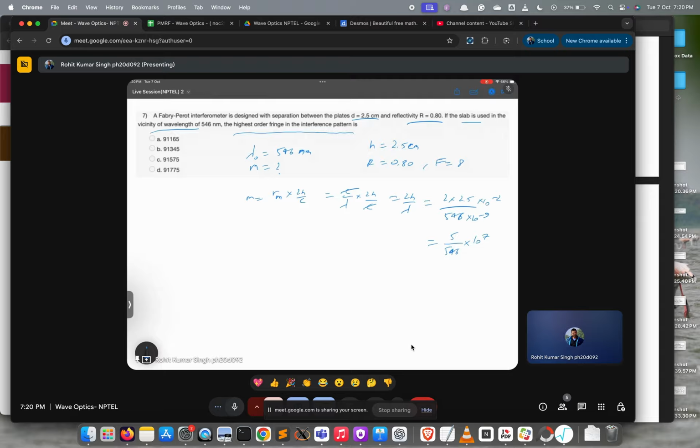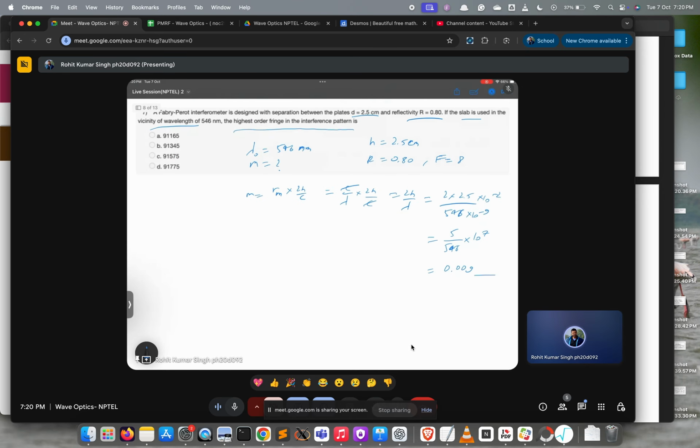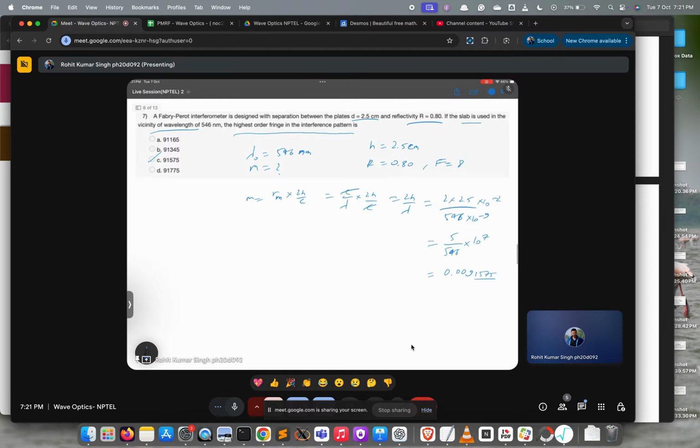What do you get? 0.009, but you need all the numbers because you have to multiply it by 10 to the power 7. What are the numbers after 0.009? 9157. Okay, so it's C.